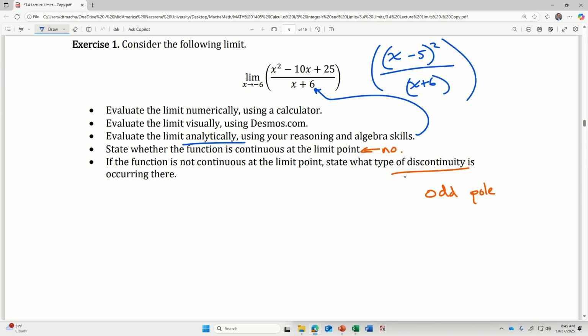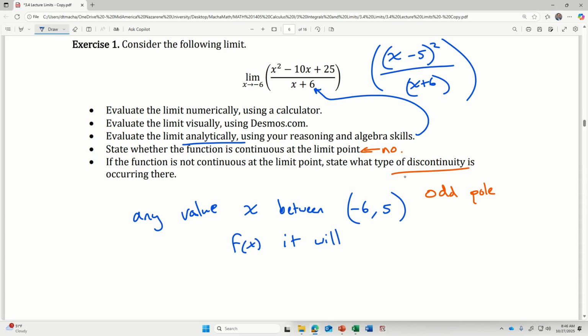And then imagine you get any value x between -6 and 5. The function value of this is going to be positive or negative.